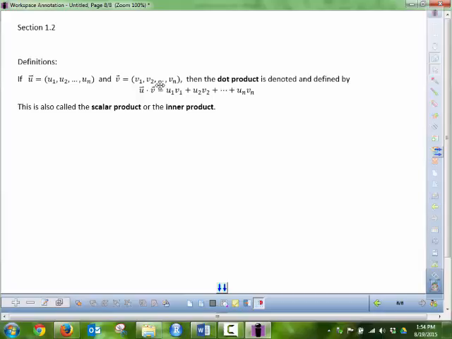That happens in a cross product, which I said we're not going to talk about. But this particular multiplication of 2 vectors results in a scalar. So that's why they sometimes call it a scalar product. And then they also sometimes call it the inner product.